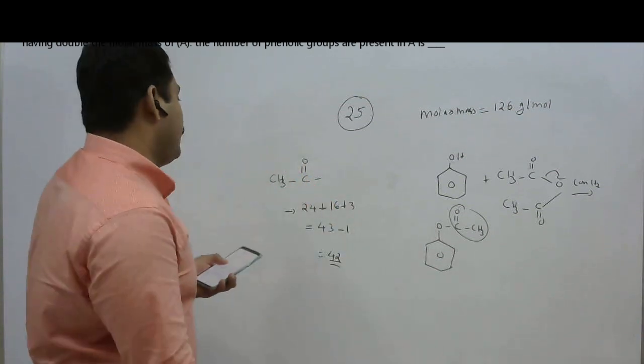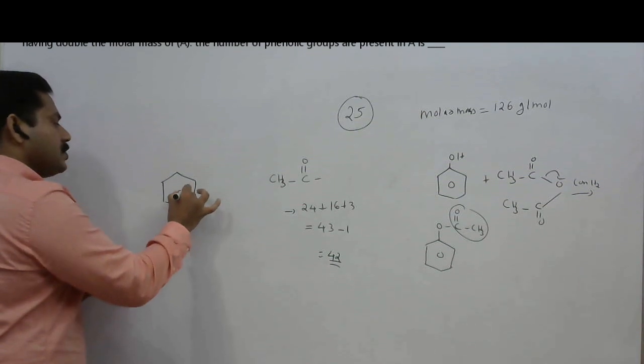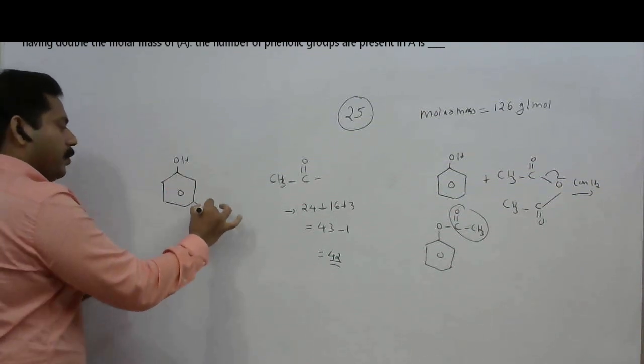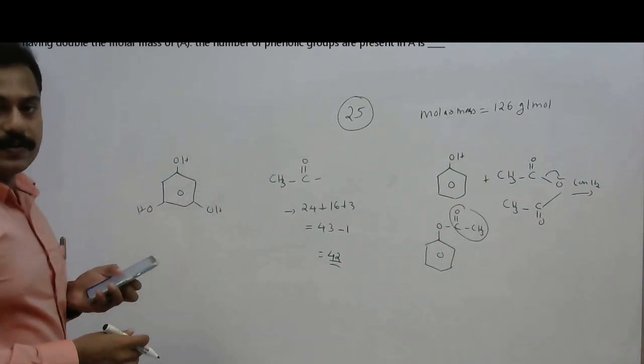Now simply imagine my compound has 3 OH groups. You can put these 3 OH groups wherever you want, right? Now you find out the molar mass.